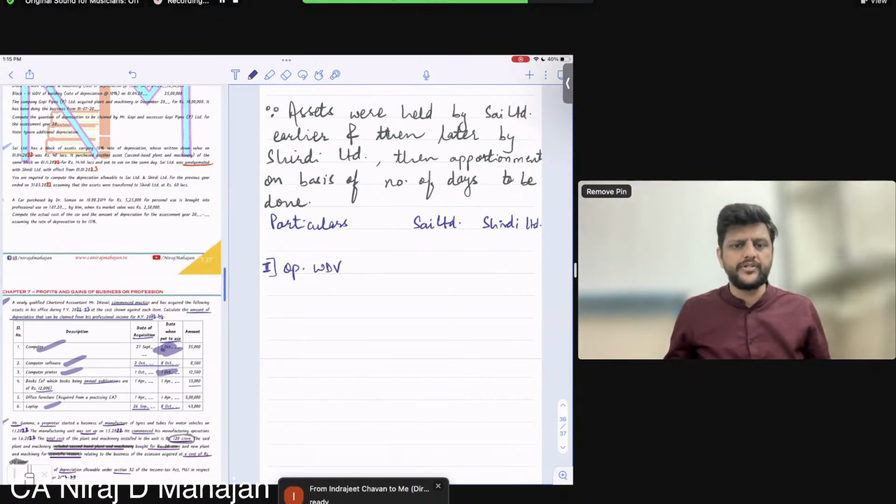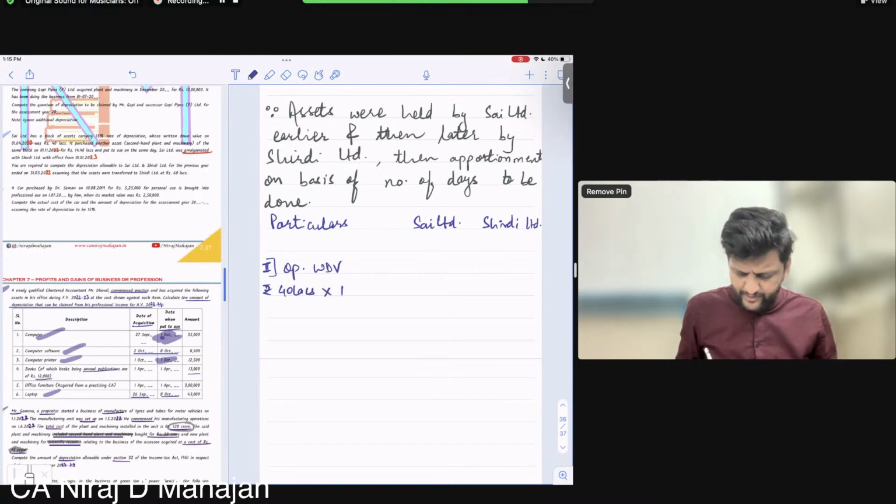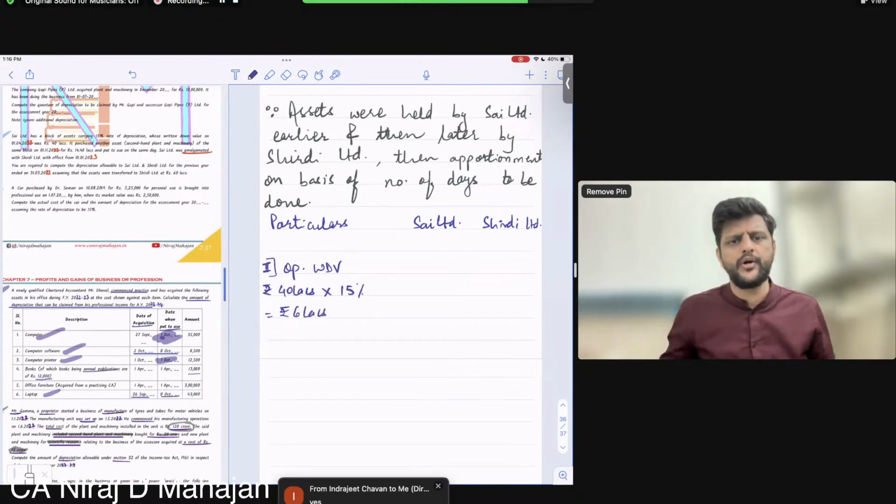On opening WDV, depreciation. Is there any sale? No, there is no sale. So opening WDV is rupees 40 lakhs. How much depreciation? Only 15%, rupees 6 lakhs. This I hope you understand. This 6 lakhs you apportion between Sai and Shirdi on number of days basis.